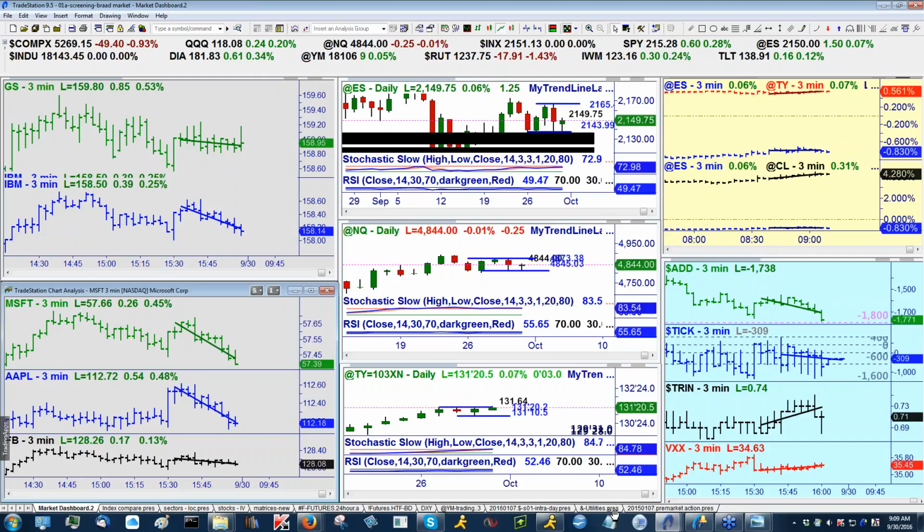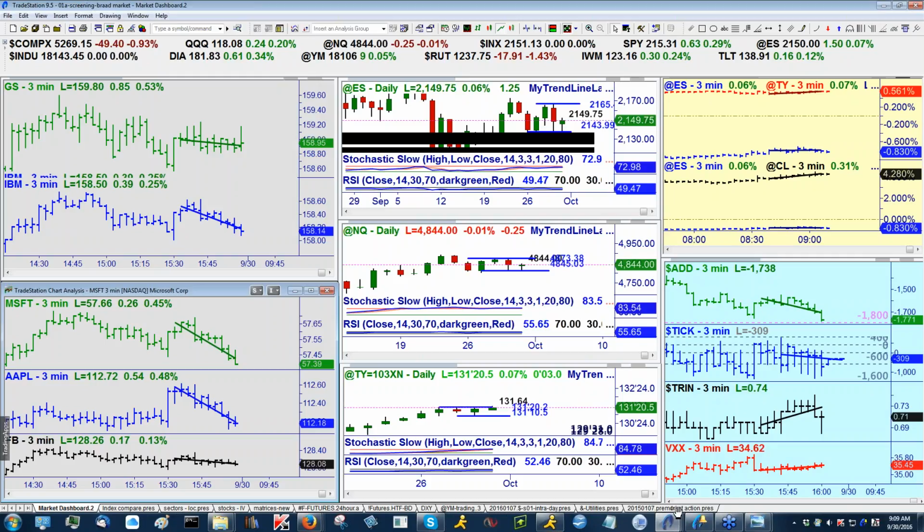Oftentimes when tech starts to sell off, I'm always ready with that trade. Typically I'm looking for longs. So if the market would start to bleed red a little today, I would take a look at the utilities, because oftentimes when the broad market's red, and particularly the tech sector is red, the utilities will go green.